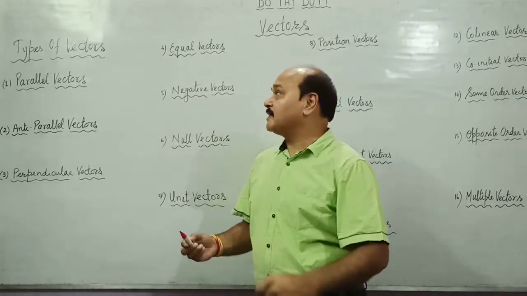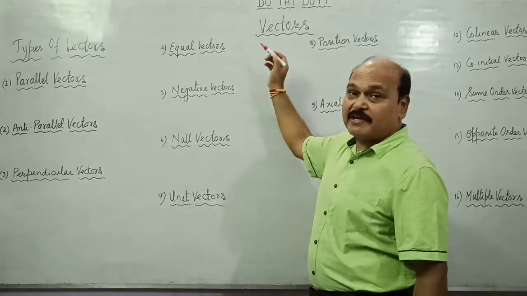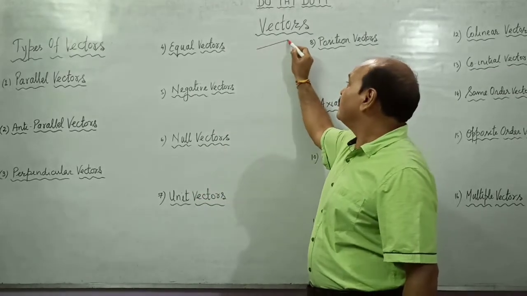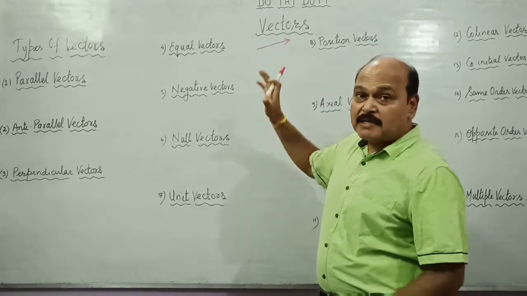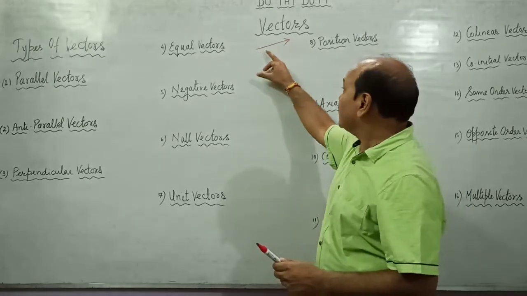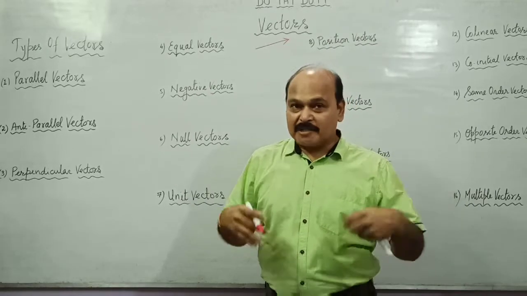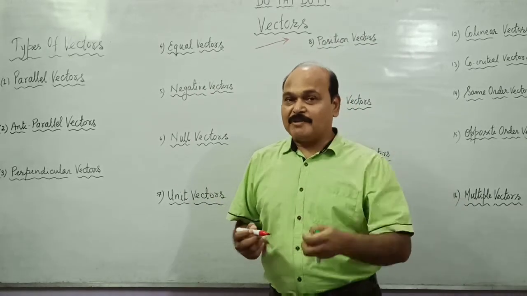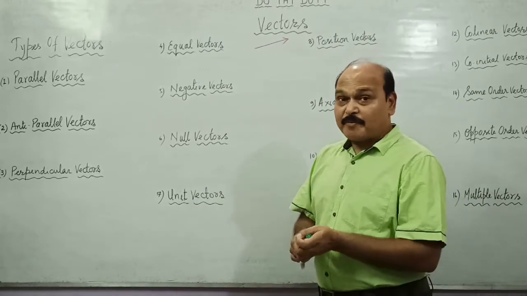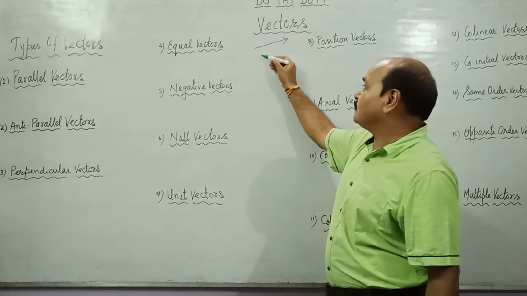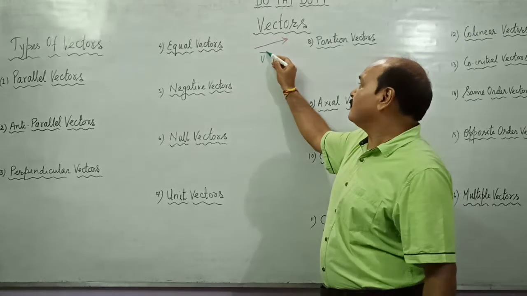Well, we represent a vector graphically by an arrow, where the length of the arrow is the magnitude of the vector and the direction of the arrowhead is the direction of the vector. Mathematically, we represent a vector with the help of an alphabet, but that alphabet should have an arrow over itself.